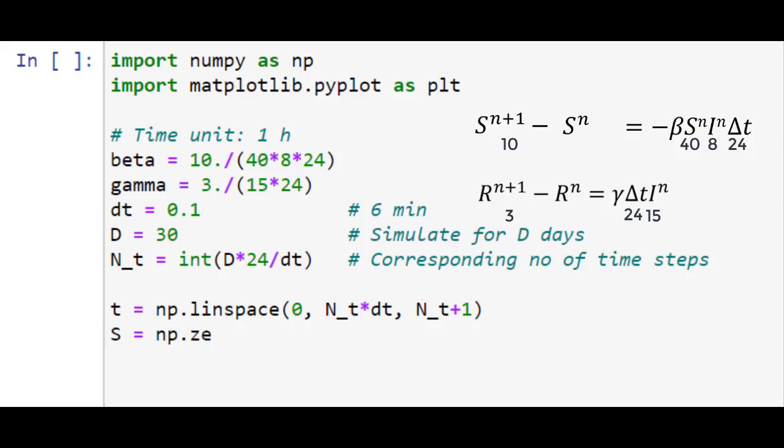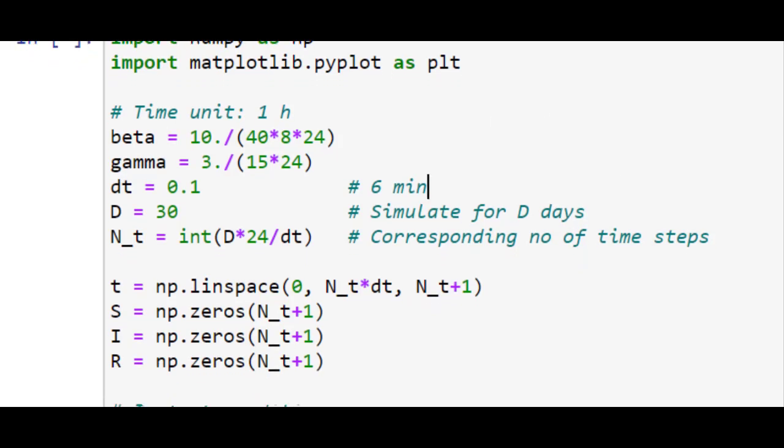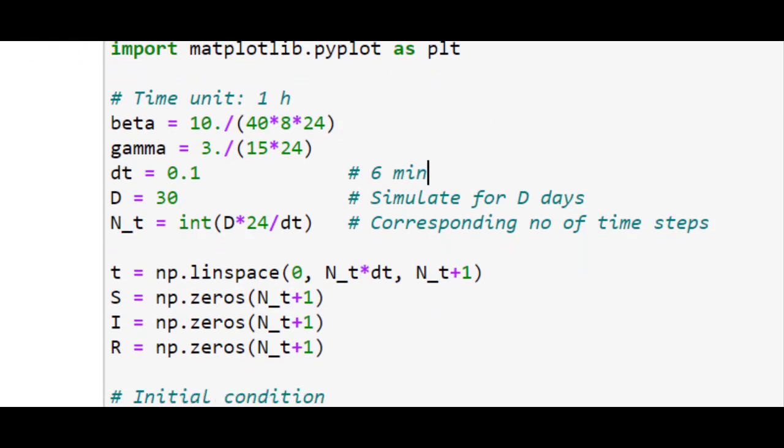Next, we invoke the NumPy function zeros, which will create an array containing 7,201 zero values in our susceptibles array. We do the same for infecteds and for recovereds. Now we set up the starting states for S, I, and R at time 0.